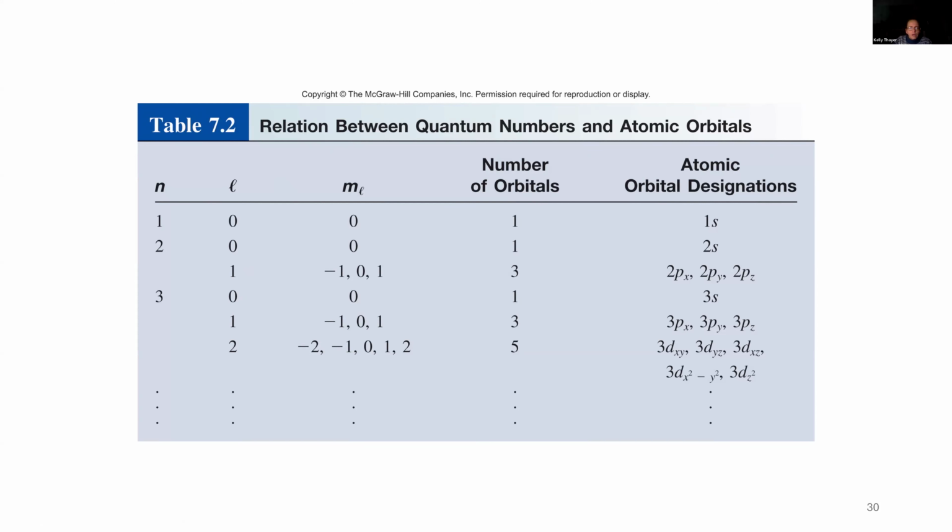So when we are working with even more here, we're running from -2, -1, 0, 1, 2, and we could apply this and we would see that this gives us more choices. This tells us the number of orbitals that need to be involved, and the atomic designations are shown over here on the right. So we have the 1s and 2s, which are familiar, and then we have the 2px, 2py, and 2pz.